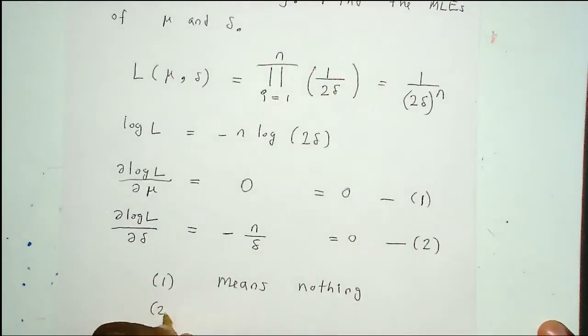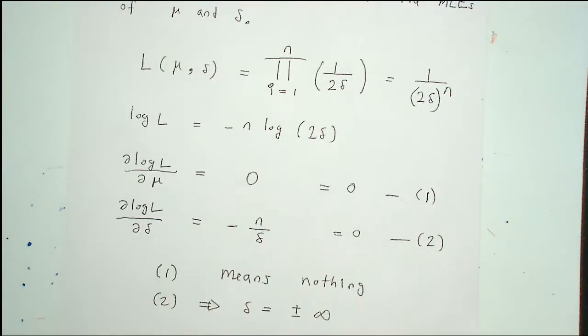Setting this to 0 implies that delta is plus or minus infinity. So once again, the standard approach doesn't work here. So we need to use the indicator function approach.